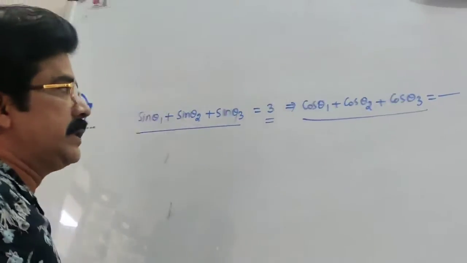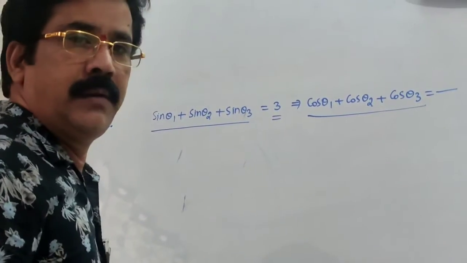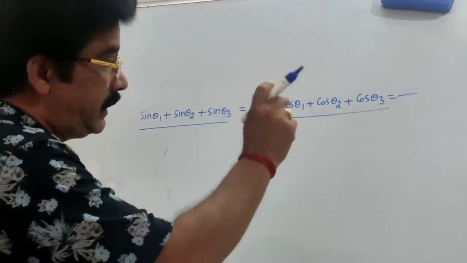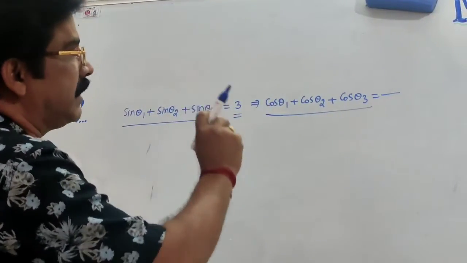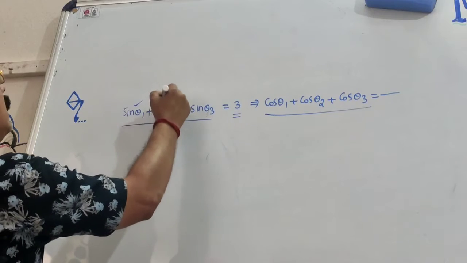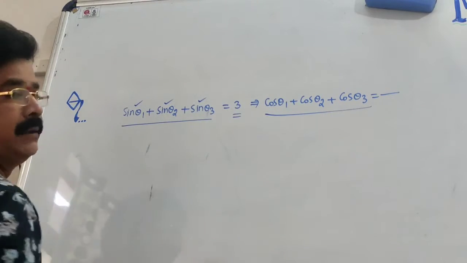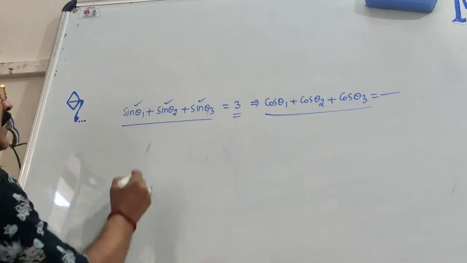If sin θ1 plus sin θ2 plus sin θ3 is equal to 3, then what is the value of cos θ1 plus cos θ2 plus cos θ3? Find the value of that sum. Okay, 1, 2, 3, the sum of three terms equal to 3. What is the simple solution?